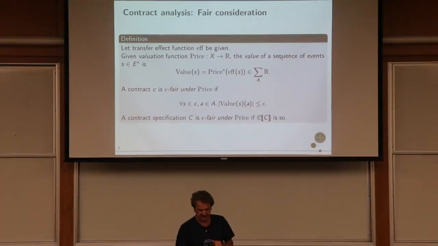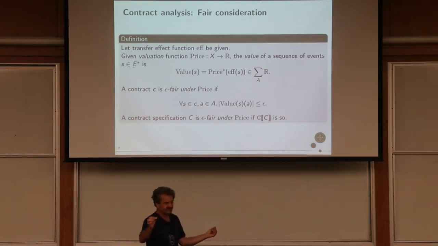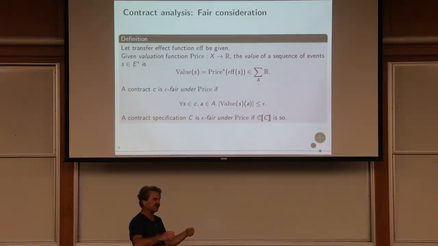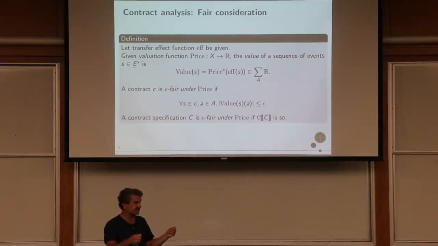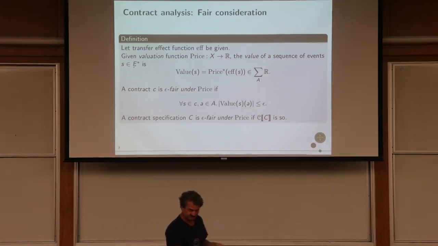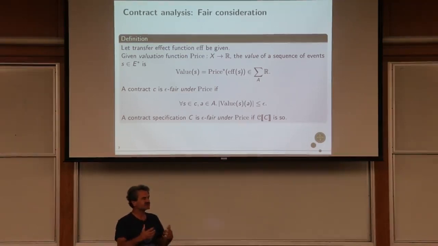Let's call that the value of a sequence of events. A given sequence of events has a value to all the principals, all the agents in it, not just a single value. For every agent, we get a value. It is the following: take the sequence and extract the transfer. There's a single transfer, we've seen that last time, that is denoted.